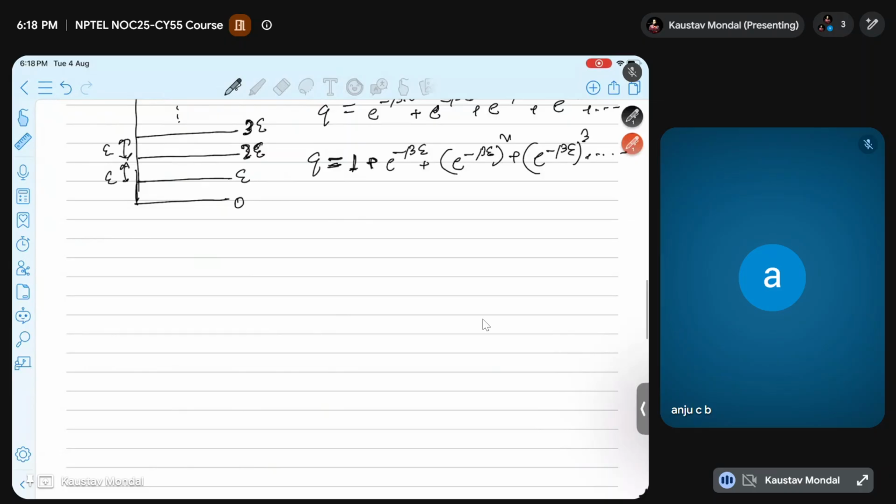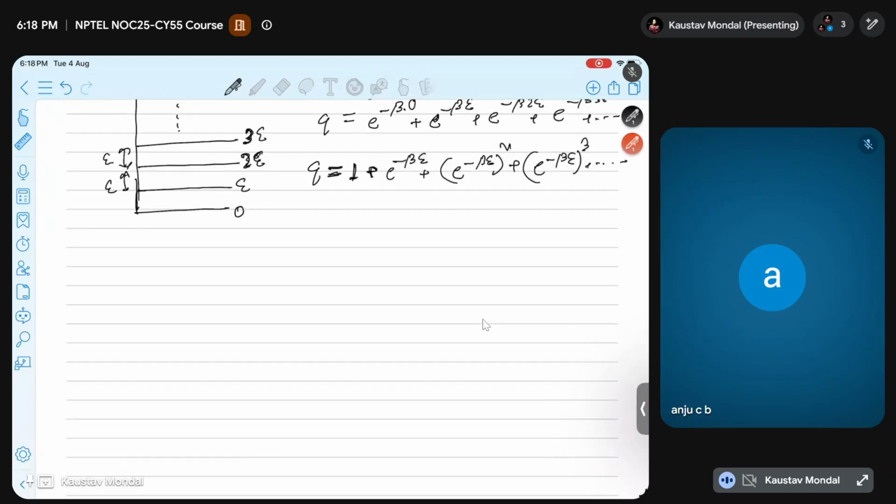Now you can use the binomial formula. Let's suppose you have a series like 1 plus x plus x square plus x cube. You can write it in a closed form, which is basically given by 1 minus x inverse. The condition is that mod of x should be less than 1.